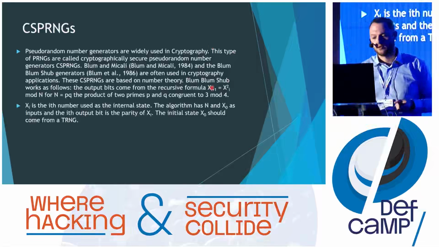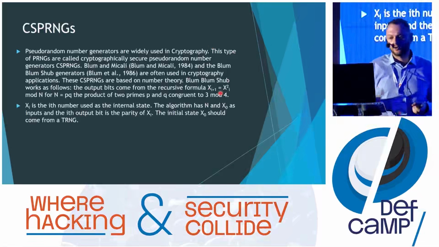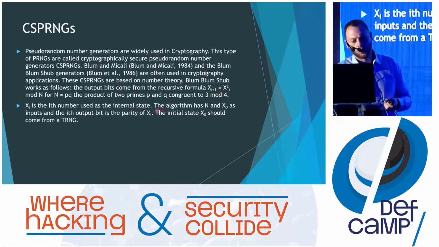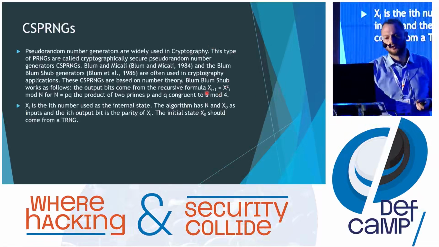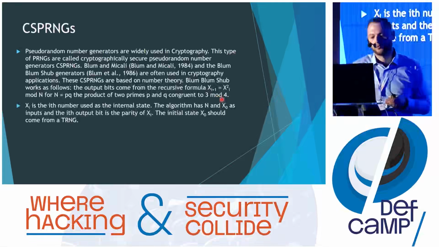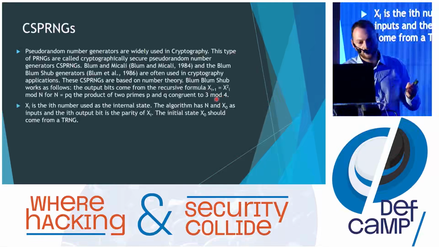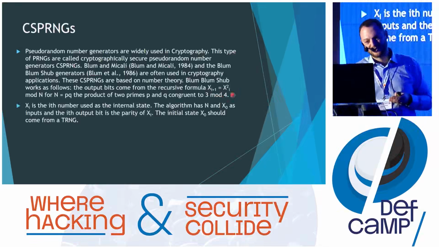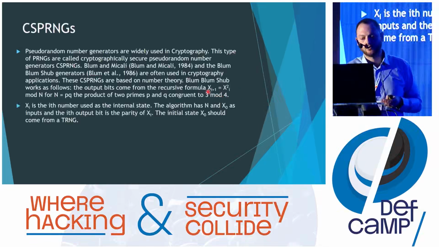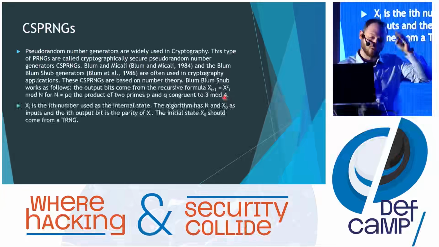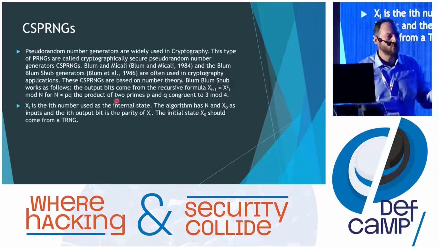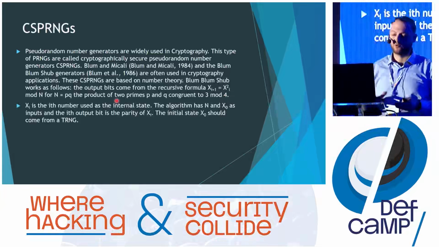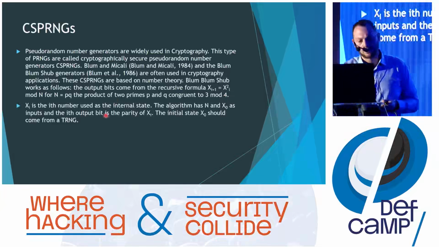For example, here is how BBS works. Its next output is computed recursively, so we get it from the previous one: x_{i+1} = x_i squared mod n. And what is n? n is the product of two prime numbers.